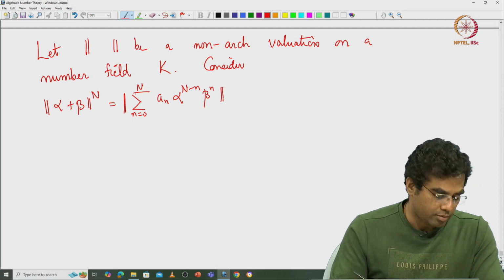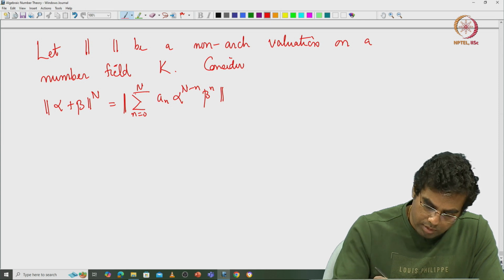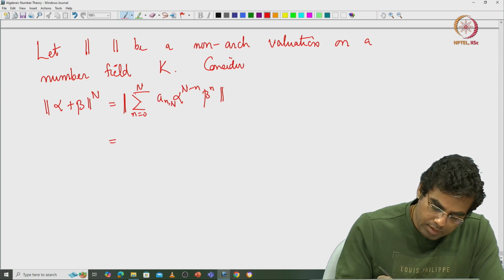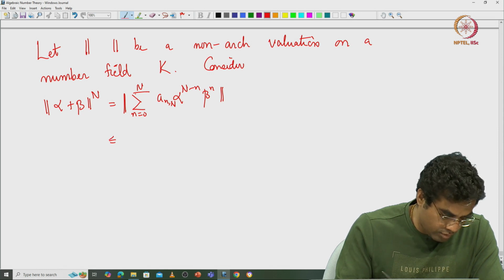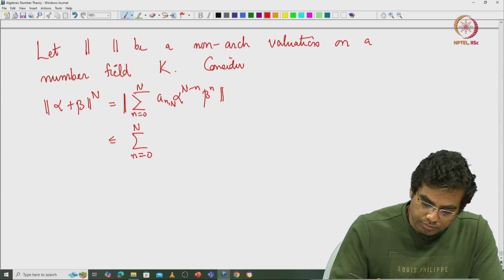The a_n's are some binomial coefficients. I do not really care too much about them. This is less than or equal to, by using the usual triangle inequality.